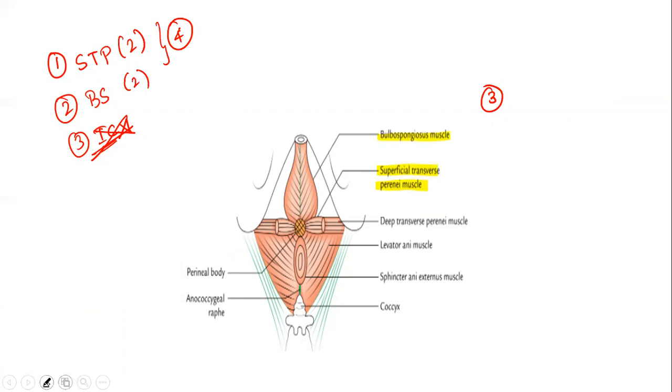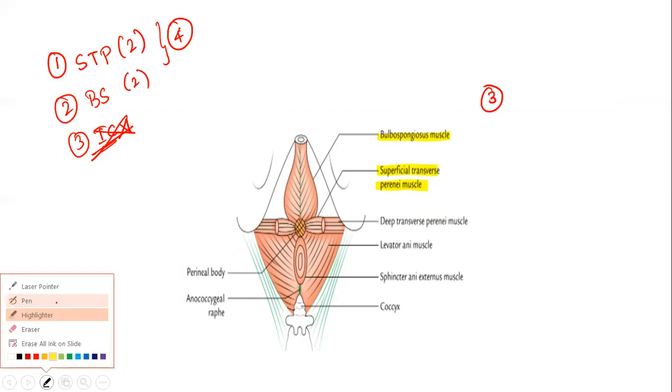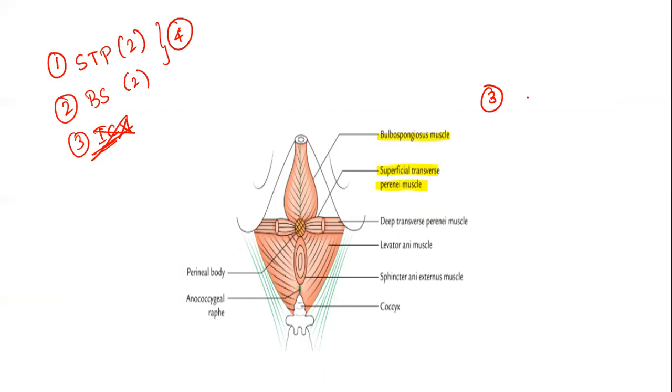Now we are going to look into the deep group of muscles. So the deep muscles, yes, you will be having deep transverse perineal, right? So again 2 muscles. Can you appreciate? From this side you have one group of muscle. From this side you have got one group of muscle. 2 deep transverse perineal muscles. Then these are the levator ani muscles, right?